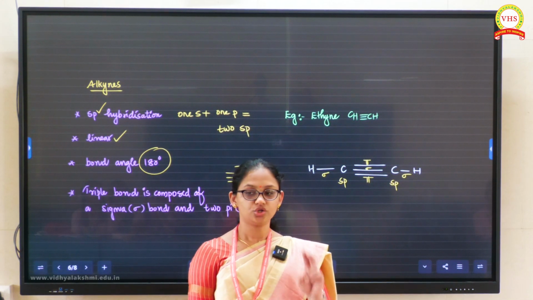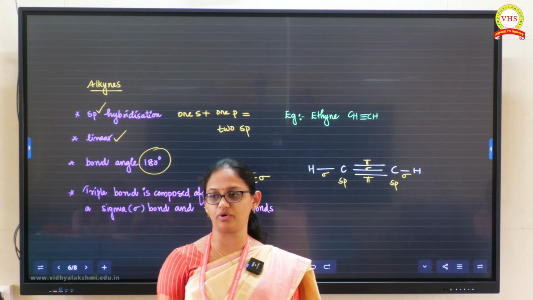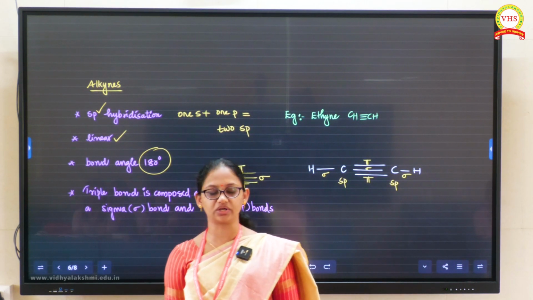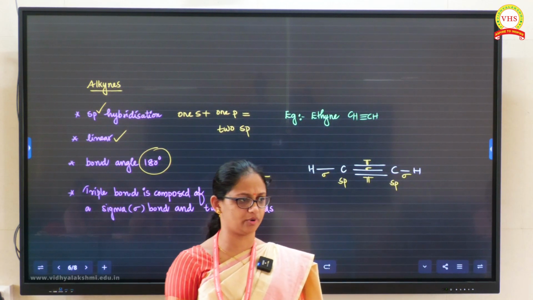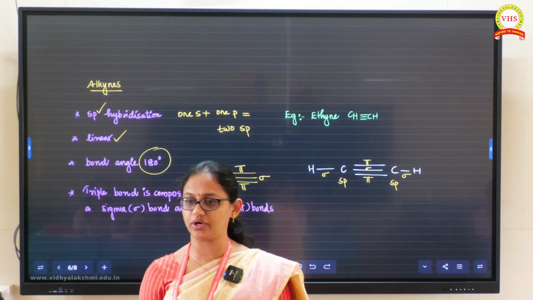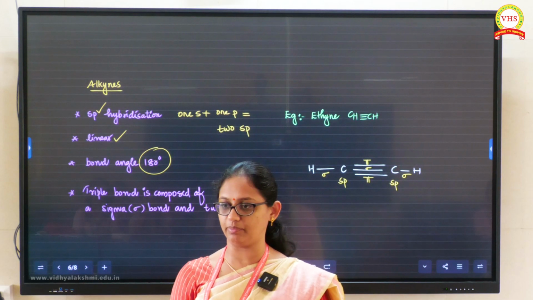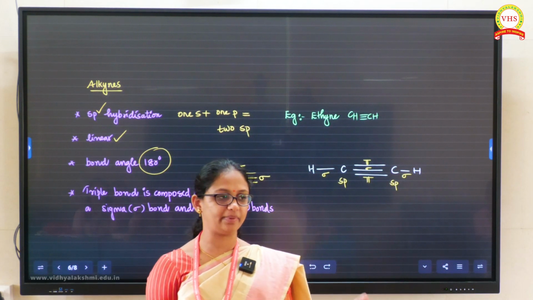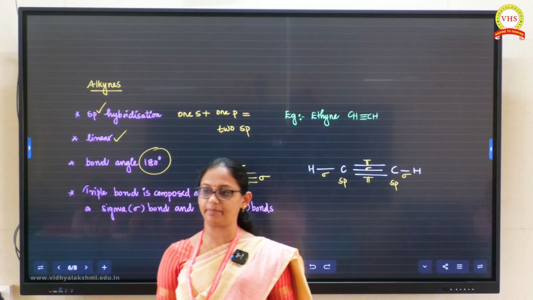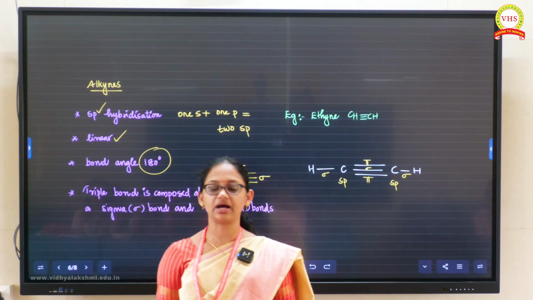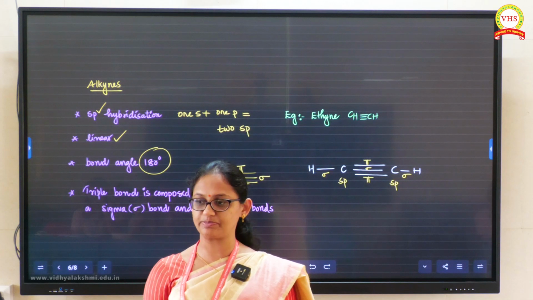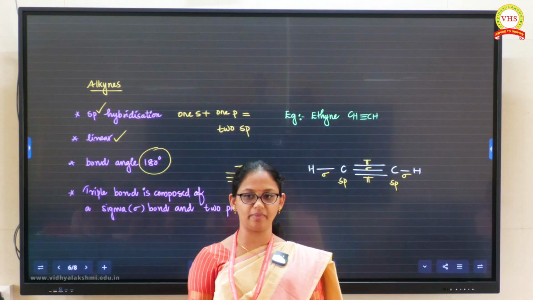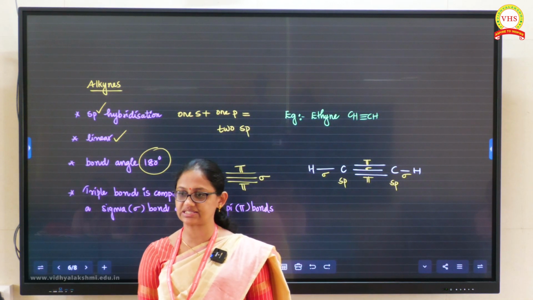So there are two types of organic compounds, saturated organic compounds and unsaturated organic compounds. Saturated organic compounds have carbon-carbon single bonds. Unsaturated have carbon-carbon double bonds and carbon-carbon triple bonds. Carbon-carbon single bond: hybridization is sp3, tetrahedral geometry, and all bonds are sigma.